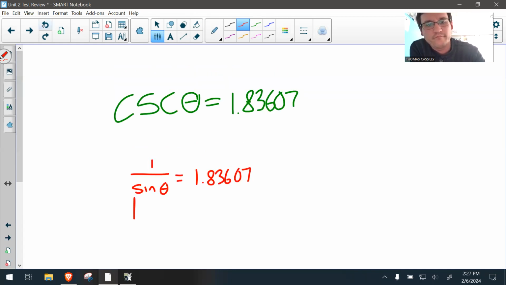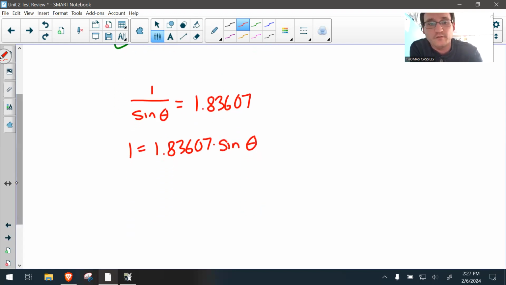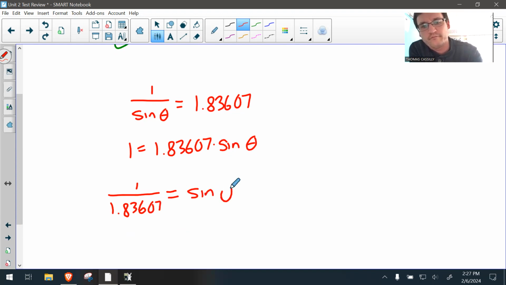All right, so we're going to have 1 equals 1.83607 times the sine of theta. Now we need the sine of theta by itself, so divide both sides by 1.83607, and that equals the sine of theta.